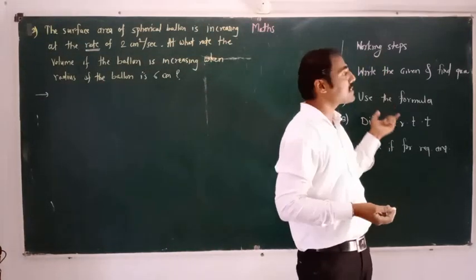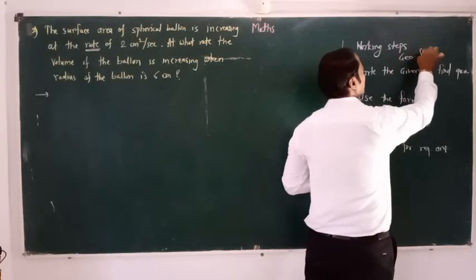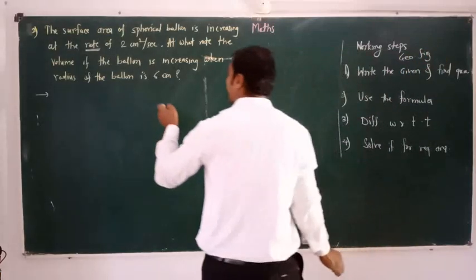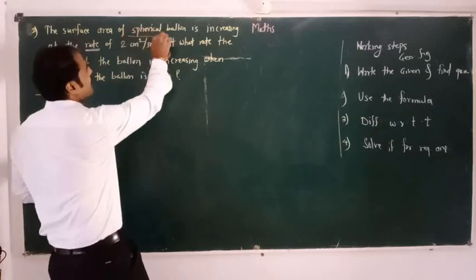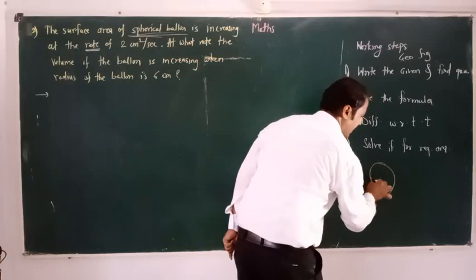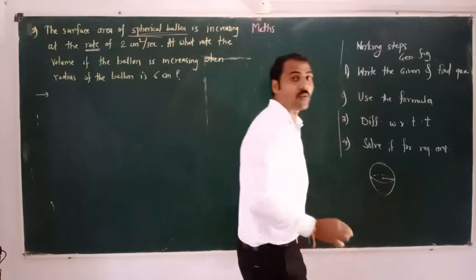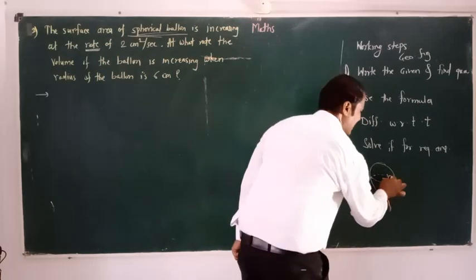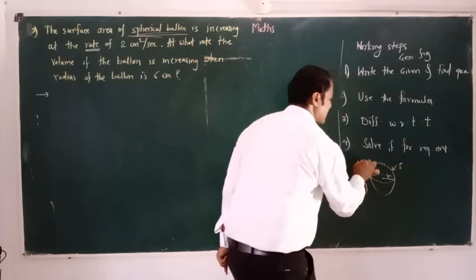How to solve the examples on rate measures? First identify geometrical figure. The surface area of spherical balloon. Spherical balloon means there is a sphere, so I can draw here a sphere. What are the quantities there? Its radius, surface area and its volume.